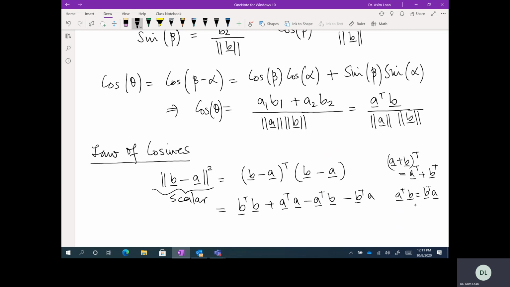Now a transpose b is the same as b transpose a. There's no difference, because both are scalars and you'll get the same answer. So this is equal to norm b squared plus norm a squared minus 2 times a transpose b.